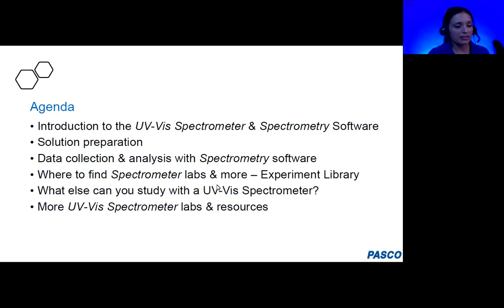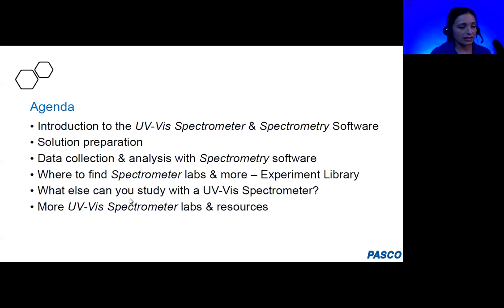And speaking of more resources on pasco.com, I will show you how to access the experiment library on our website, and where you can find more spectrometer labs, more than just this analysis of aspirin tablets, but not only for the spectrometer, but for all of our equipment. You can just find activities that you may find helpful.